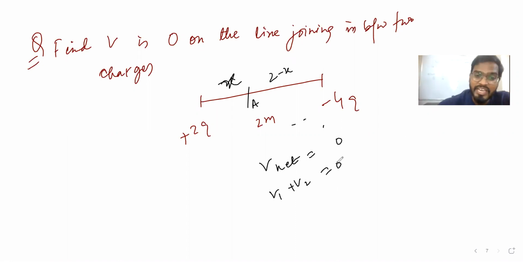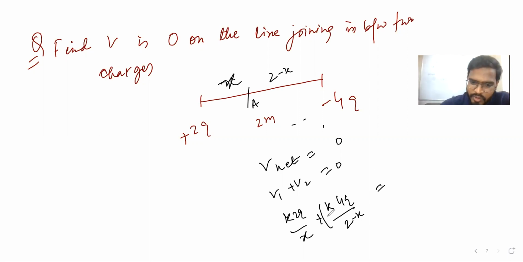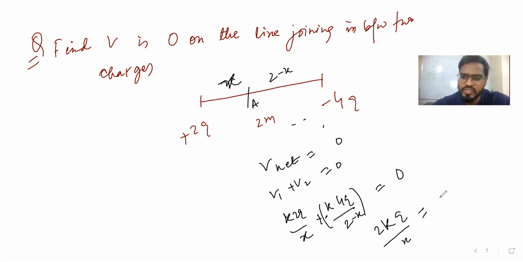Potential due to this charge is K 2q by x. K 4q by 2 minus x. The charge nature is minus, actually it should be plus, but this is minus, is equal to 0. K 2q by x, taking that side, is equal to K 4q by 2 minus x.